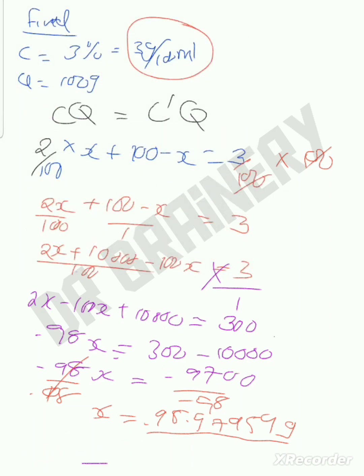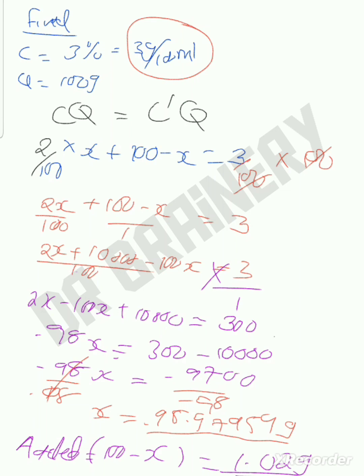Remember I said the one that was added is equal to 100 minus X. I'm just going to say 100 minus this one. So what would be my answer? X I've already found. So 100 minus this one, my answer is 1.02 grams. So that is my answer.